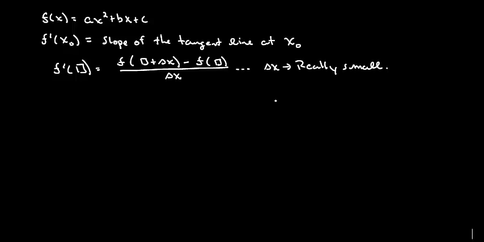Okay, next section we're going to talk about the actual definition for the limit, and we'll put a little bit more rigor to this. But for now, this is good.